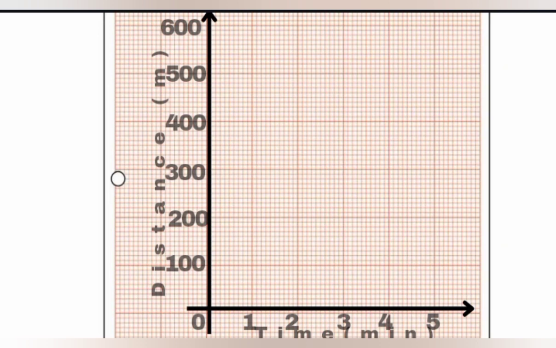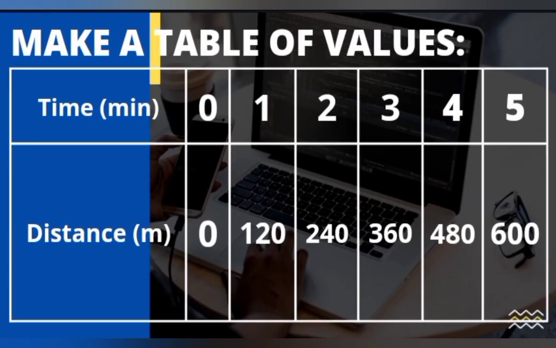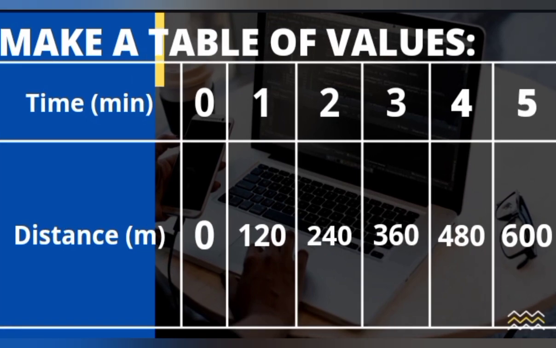So starting from the origin going upwards, for the first large box we have 100, second large box 200, third large box 300, fourth large box 400, fifth large box 500, and the sixth large box 600. So this is how you draw your Cartesian plane when you want to plot this kind of graph, straight line graph.